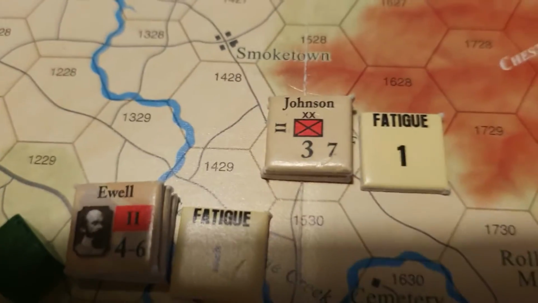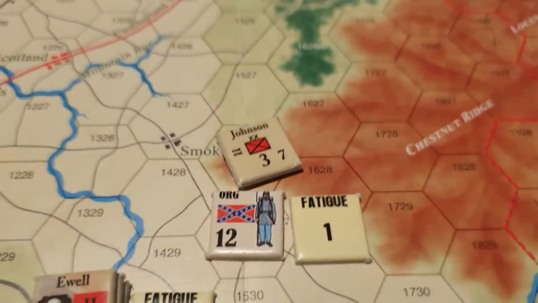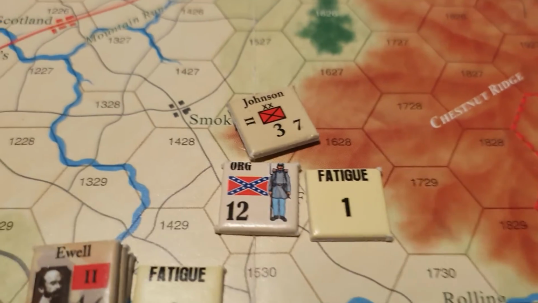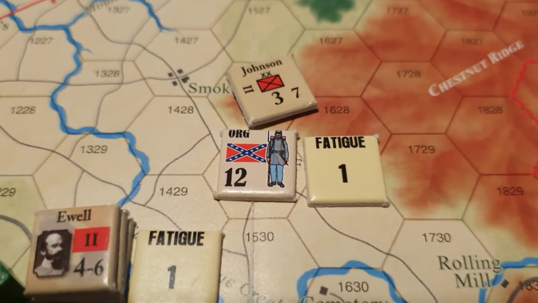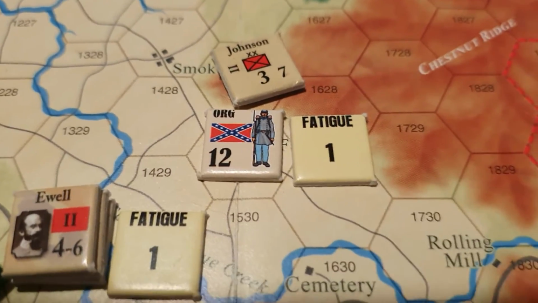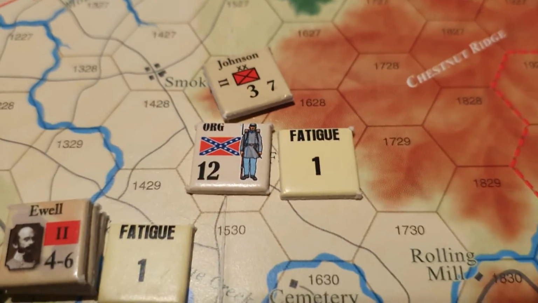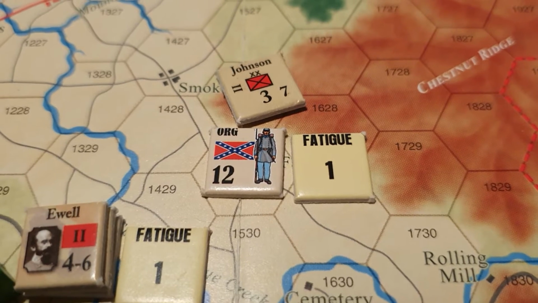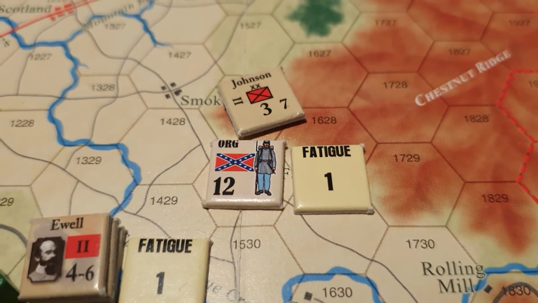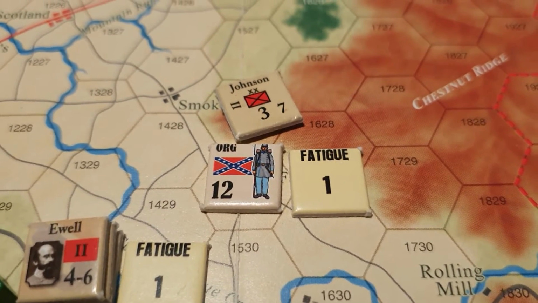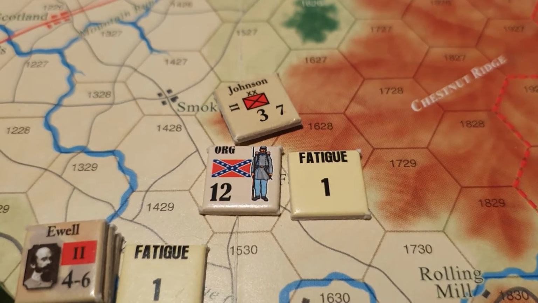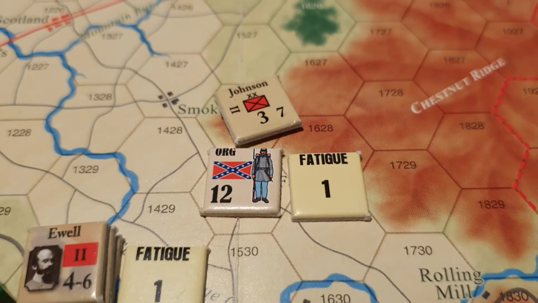Underneath the military unit are your troop counters, and that shows that I've got 12 strength points of troops attached to this military unit. The org at the top says they're organised. If they become disorganised, they have less combat strength.